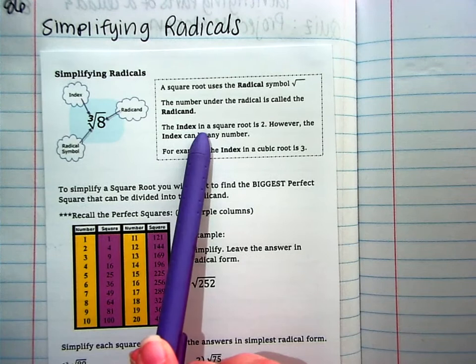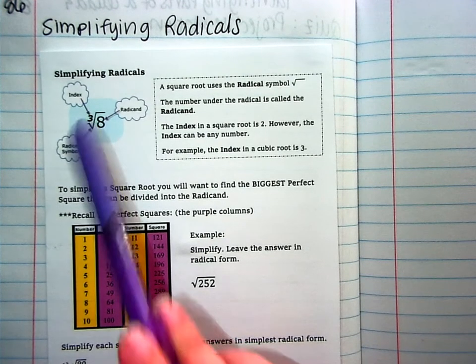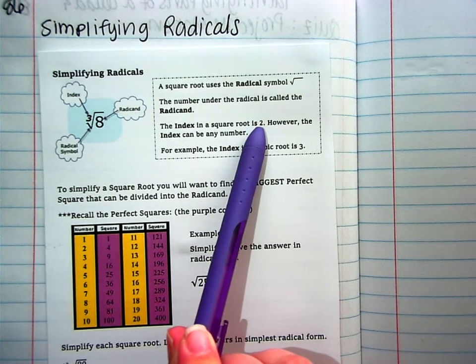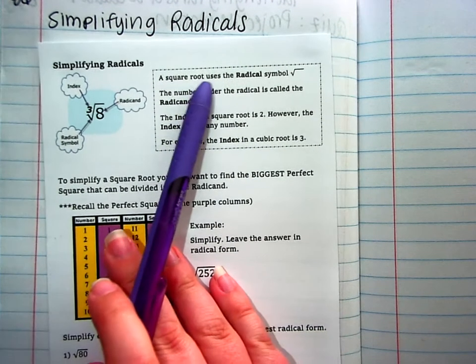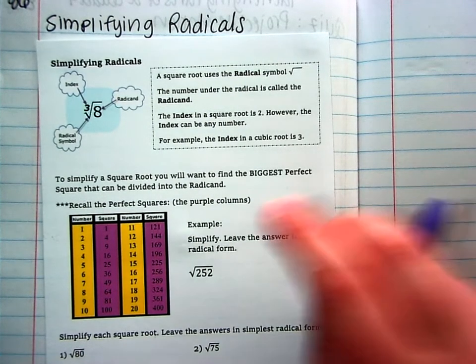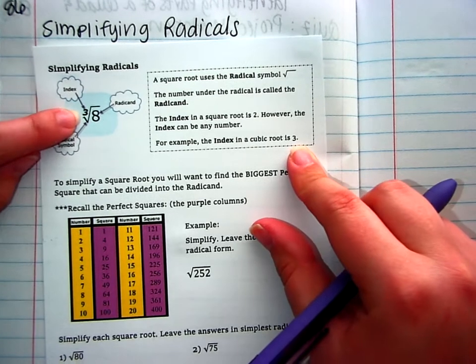The index is this number out here in front of the radical. The index in square root is 2. So you don't usually see the 2, but for square root, there's like an invisible 2 there. However, the index can be any number. So for example, the index in a cubic root is 3. So this would be a cubic root.